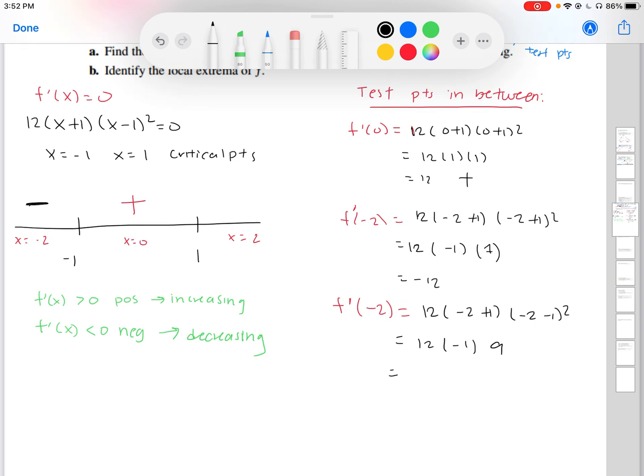Did I make a mistake? When I did it on my notes, I have something else. Let me try again. Oh, we already did -2. We're testing now +2. That's what I did. All right, +2. We get 12 times 2 plus 1 times 2 minus 1 squared. We get 12 times 3 times 1. We get a positive number. That's all we care about.